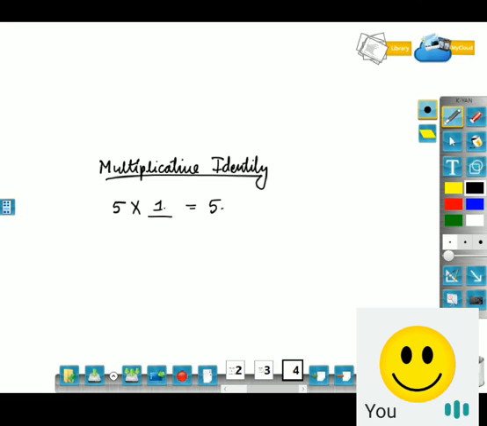So that's why 1 is called the multiplicative identity. So 1 is called the multiplicative identity, whereas 0 is called the additive identity.